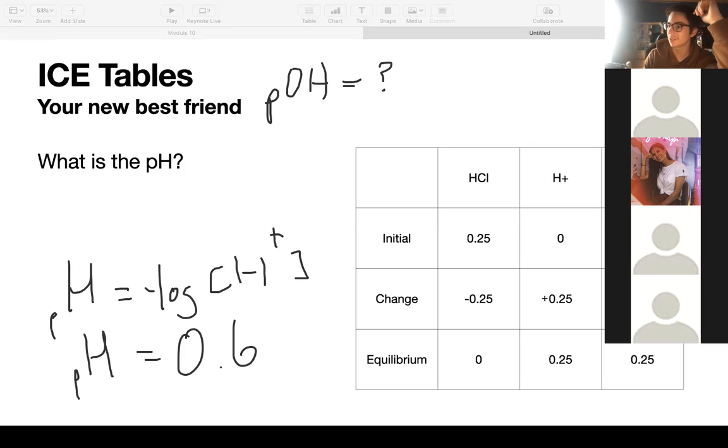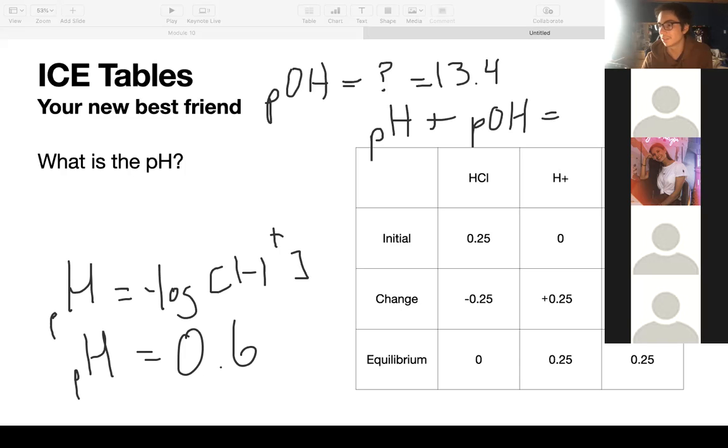Mm-hmm. 13.4. And we get this from the equation pH plus pOH equals 14. So if we know one of those two, in this case we know pH, we could solve for pOH.